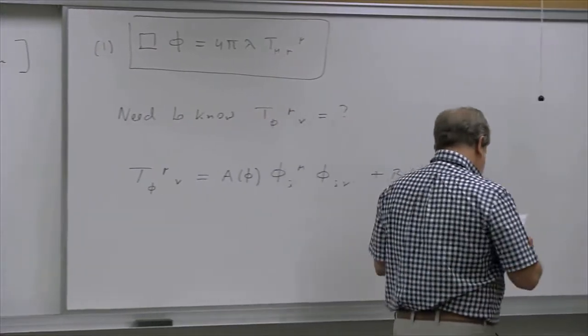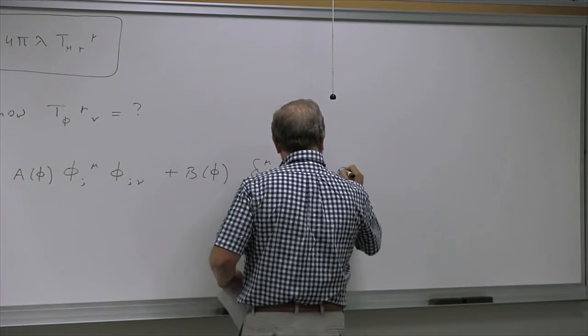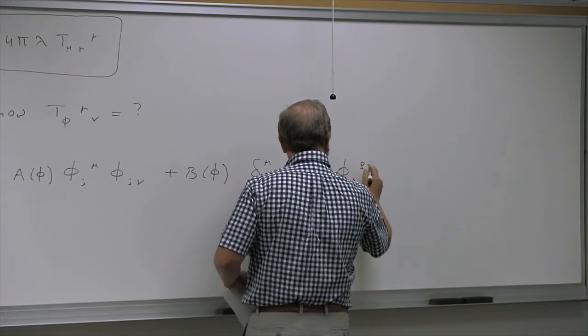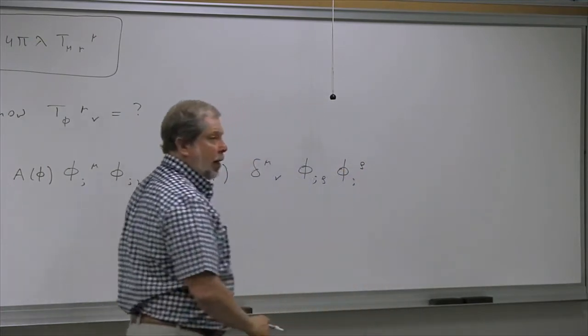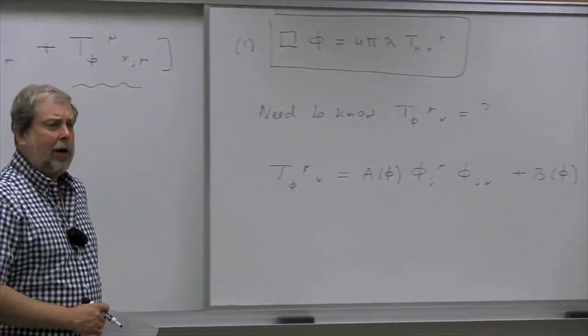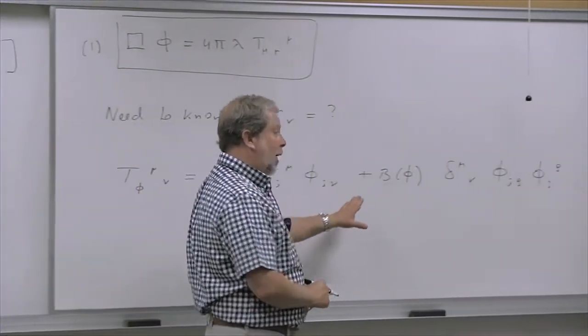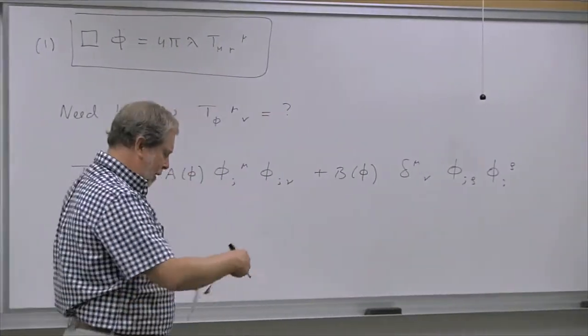And so now what you have here is phi semicolon ρ and phi semicolon ρ again. So in other words, you take the same derivative on the phi, you sum it over, and that's legitimate too. And this is again some arbitrary function of the phi field.